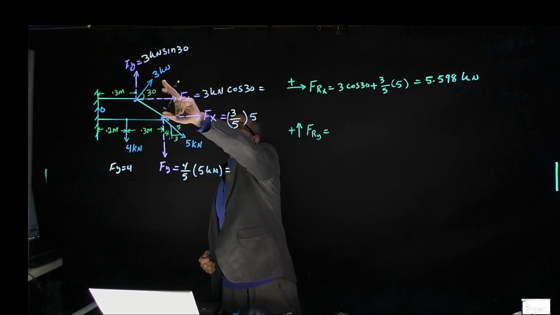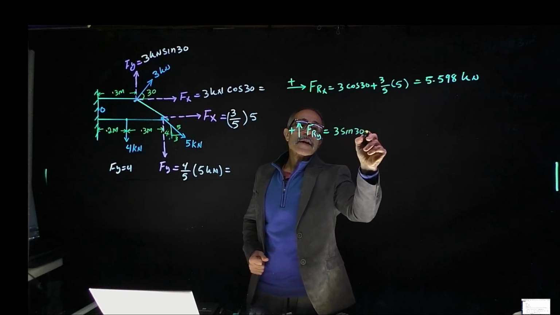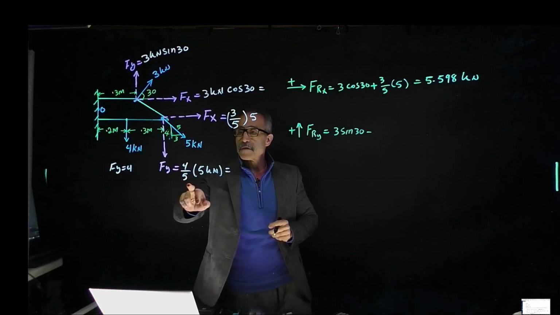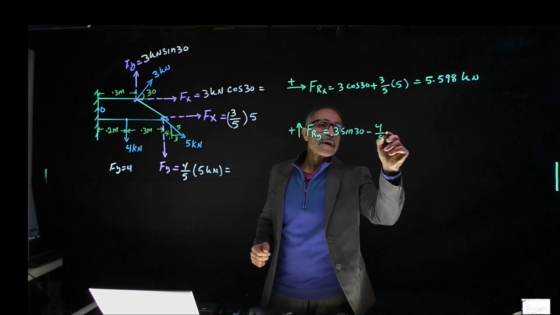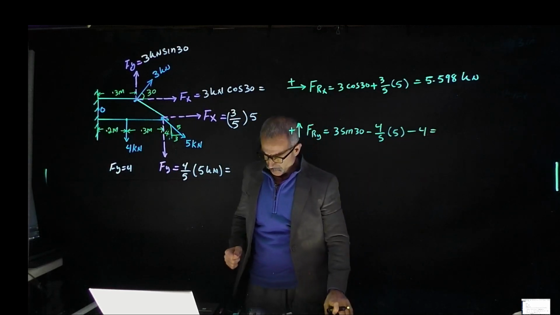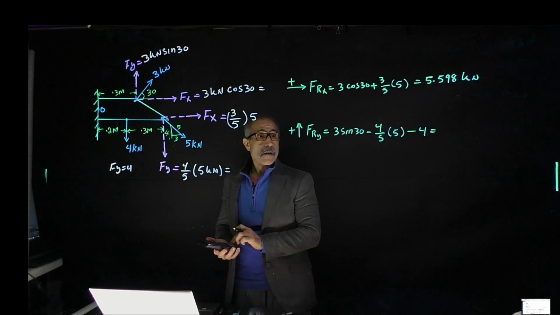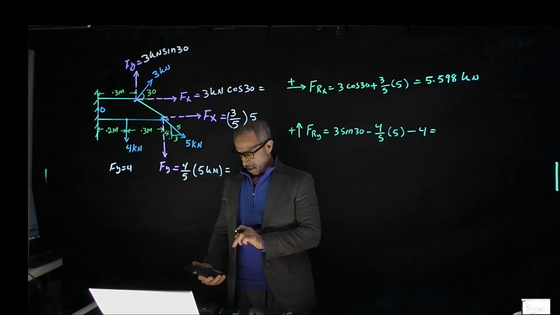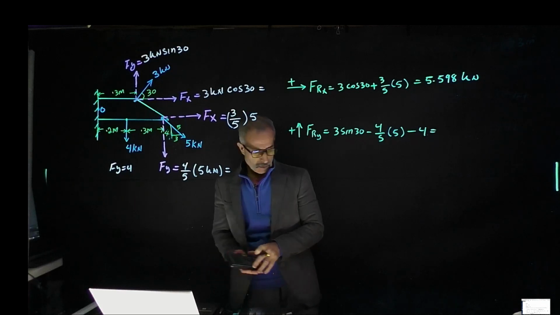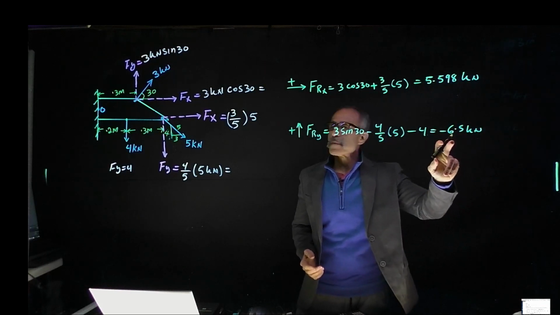So it's going to be 3 times sine 30, and then minus, because this is coming down, 4 over 5 times 5, and this one is a minus 4, and that comes out to minus 6.5 kilonewton. The minus sign just basically means the direction is down.